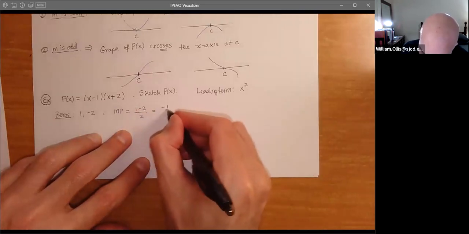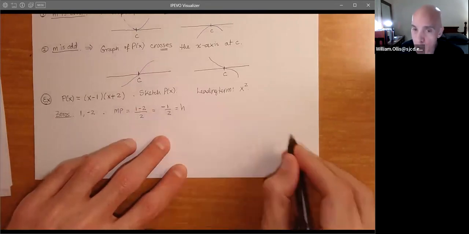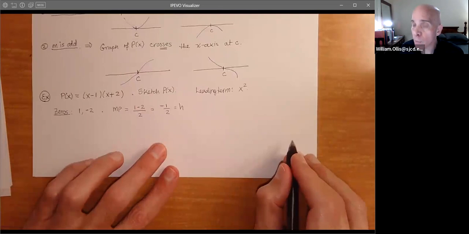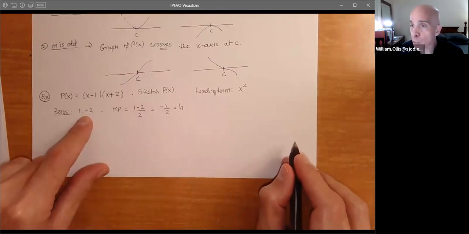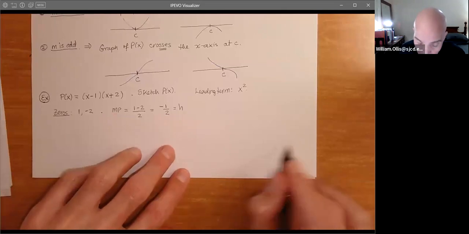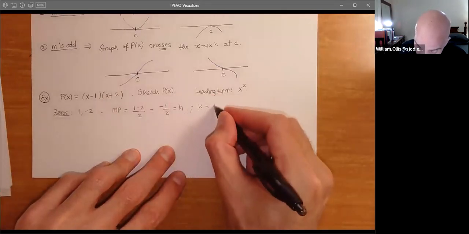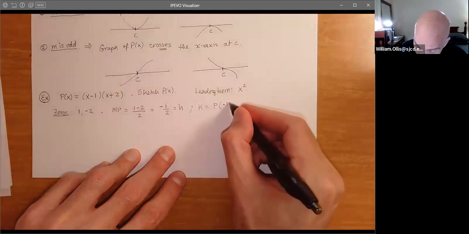So that's -1/2. So that's the H, just like we did with the word problems. Remember, the segment created by the intercepts is bisected by the axis of symmetry. So that gives you the x coordinate of the vertex. And then now, of course, we can just get the K. So that'll be P of -1/2.